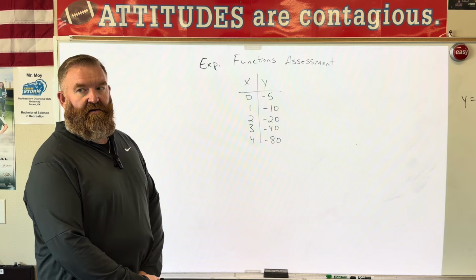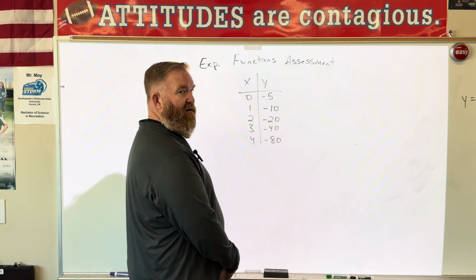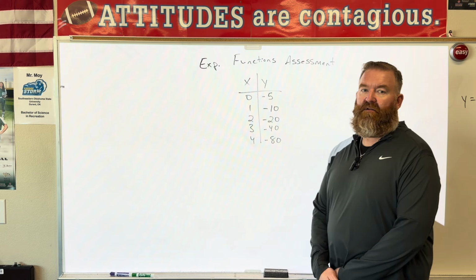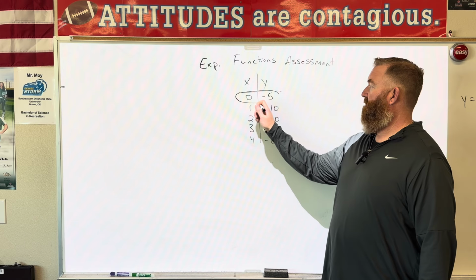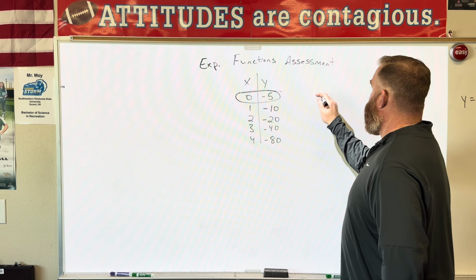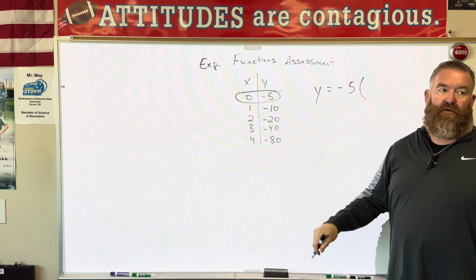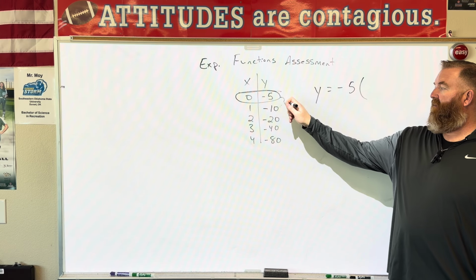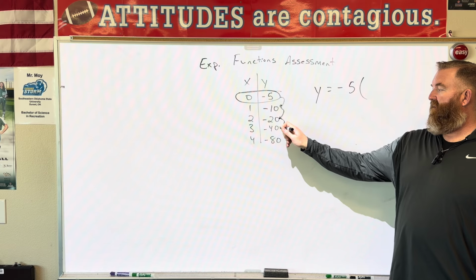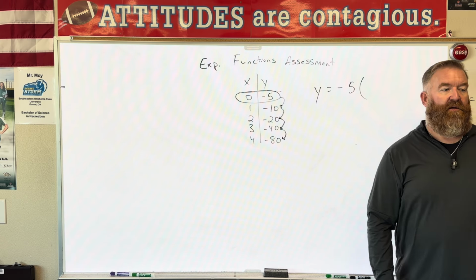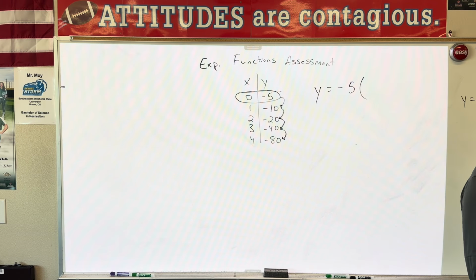What's my starting number? -5. Hold on. What am I looking for, guys? The y-intercept, right? So this would be y equals, I'm going to start with -5. Now, what are they doing from here to here to here to here? They're multiplying by what?